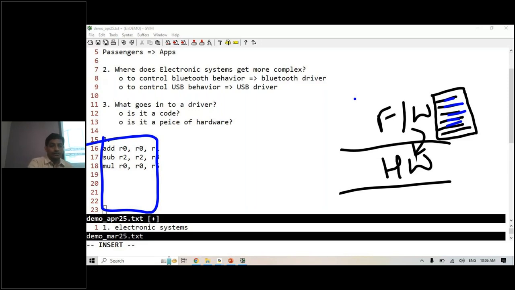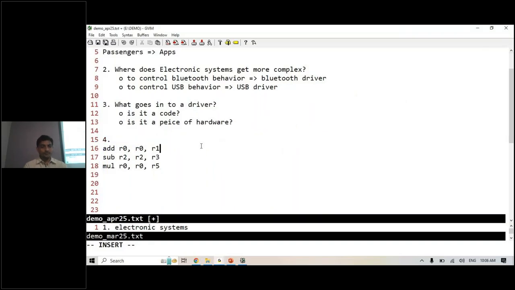When you do the conversion of this, there will be something called a compiler, assembler and linker. It will convert into something called an opcode, operation code. Op means what? Operation code. Some app dot x.